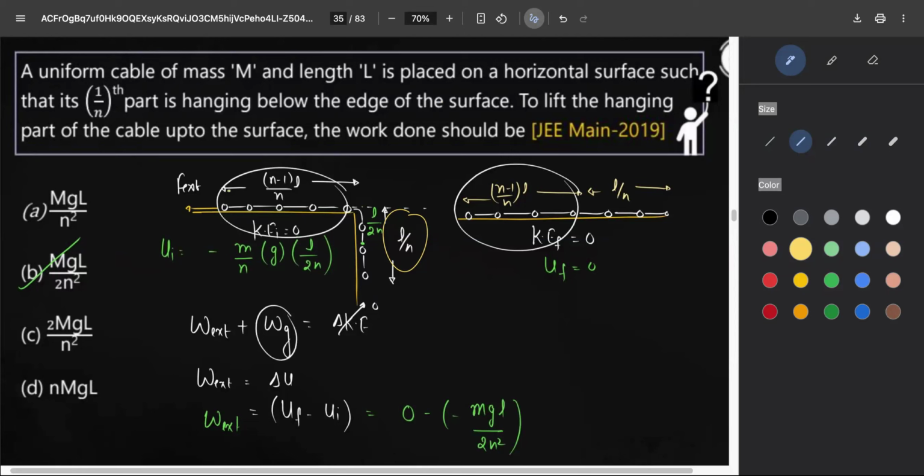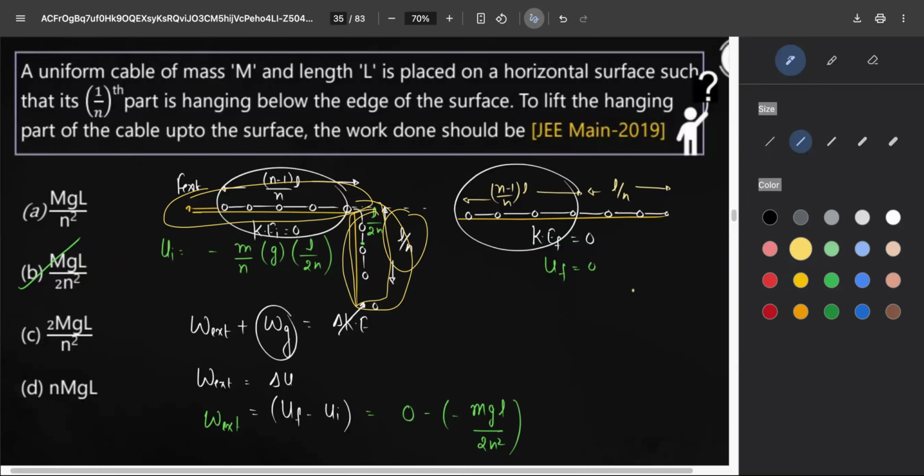So again, look at this. Do I really have to bother about this part? No, sir. Should I really bother about only this part? I think so. Yes, because when I'm going to pull it, I'm only going to pull this much part. Can I say this? Yeah.